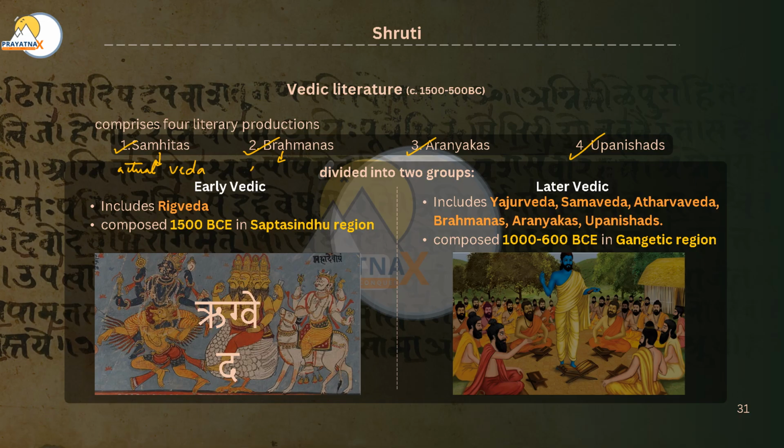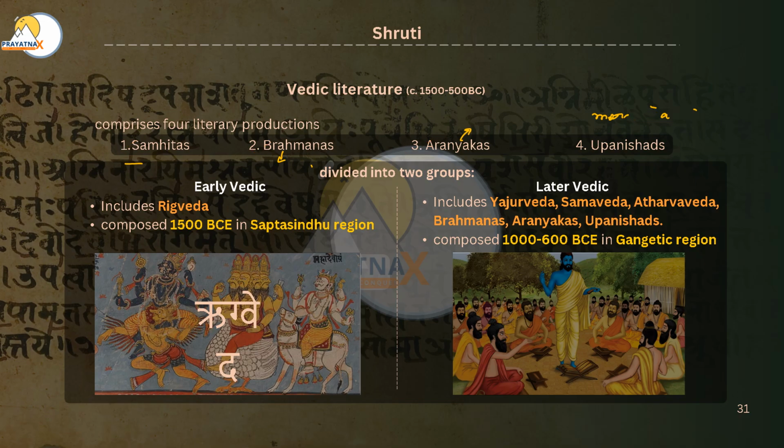Brahmanas are explanations. Aranyakas are the concluding or last portion based on Veda. Now, Upanishads are moral teachings. We'll be looking at each one of them very detailed, but let us move on.